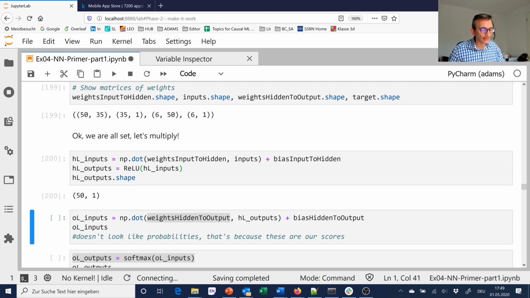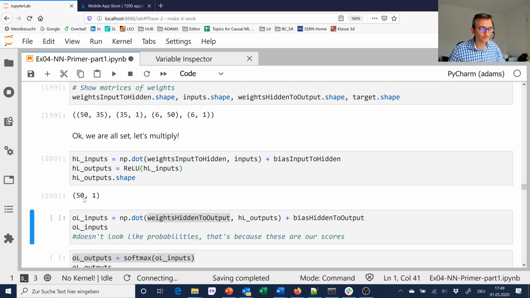The output layer, our inputs, we calculate once again by multiplying the weights with the output of the hidden layer, with our latent features. There are 50 by 1. Our weight matrix M, sorry, I'm trying to stay in the picture I was showing you earlier on.